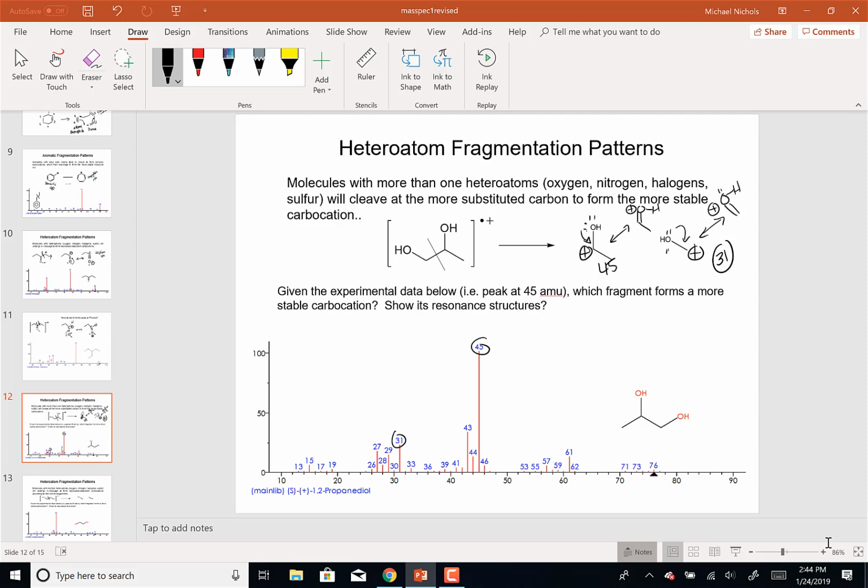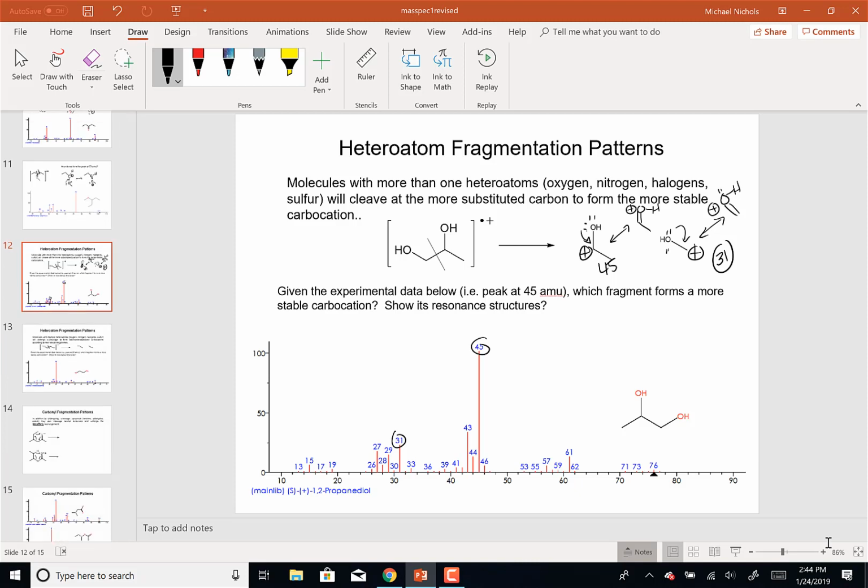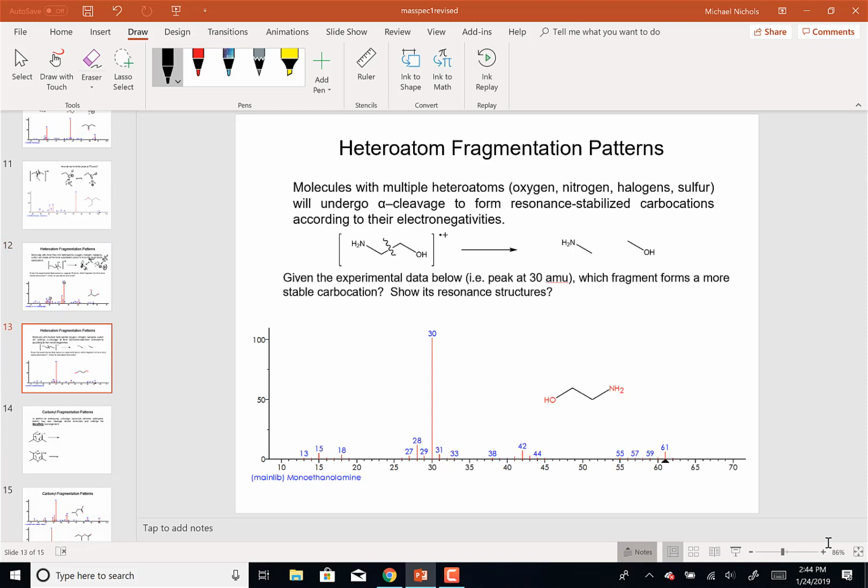Now the next one I think is going to be a little more fun. Let me do the same thing with a nitrogen on one side and an oxygen on the other. So if I do that, I'm going to compare this carbocation to this carbocation. Let me stop right here and take a poll.